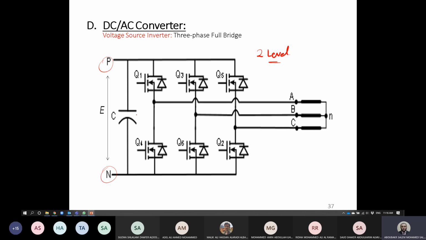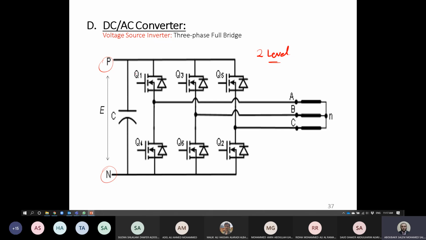Is it right? Is it clear? If Q1 and Q4 are turned on at the same time, this is going to make a short circuit here. We are not going to supply the load now. So it's prevented to turn Q1 and Q4 on at the same time.